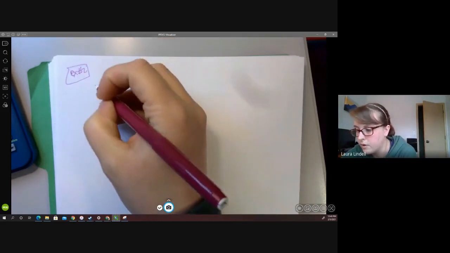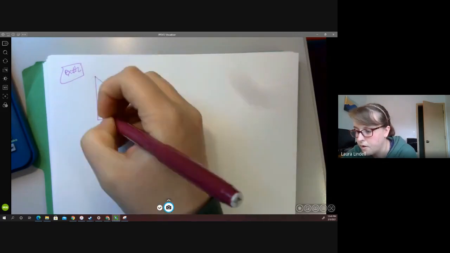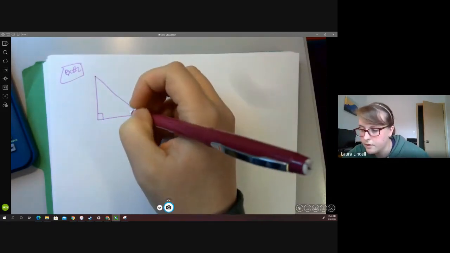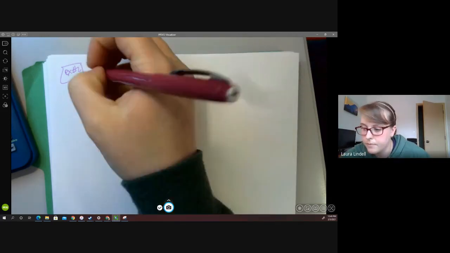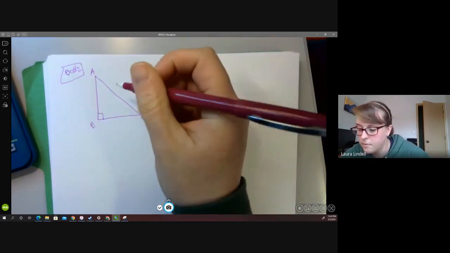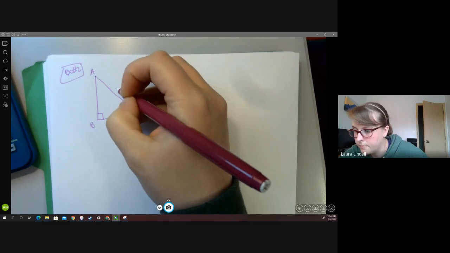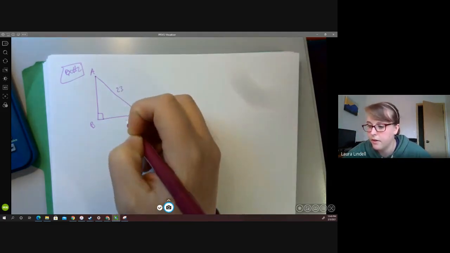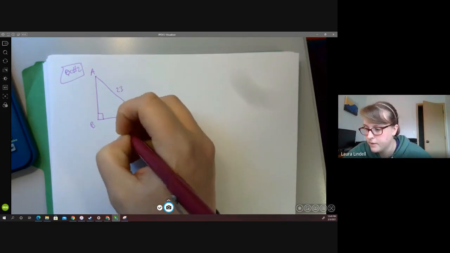All right, for this one, we're going to be given a right triangle. And let's say that ABC, this side length will be 23, and this side length will be 16.